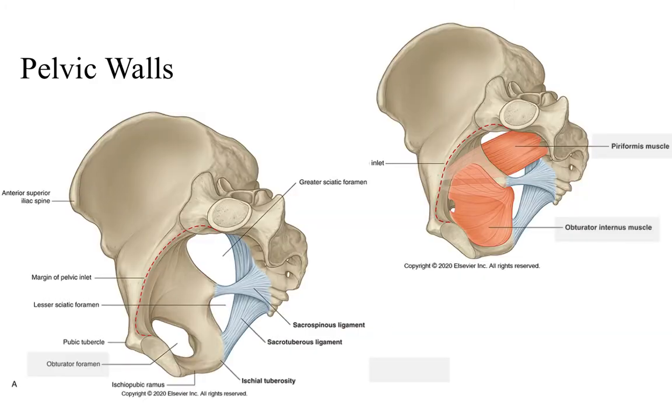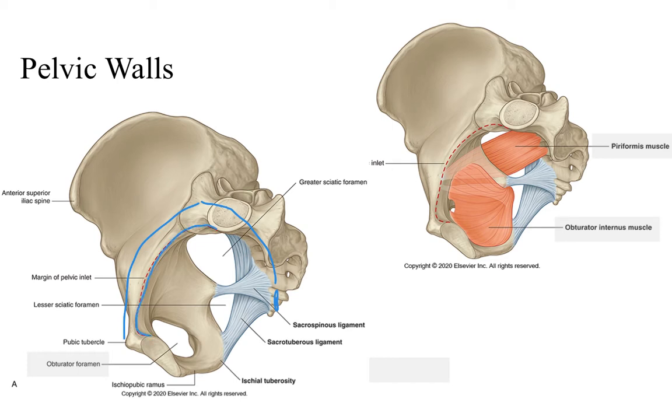So here we're looking at one half of the pelvis. This is the whole sacrum and the coccyx right here, and here would be the whole pelvic bone for the right side. So what you're missing is the left side here. And here is your pelvic inlet with this red dotted line.